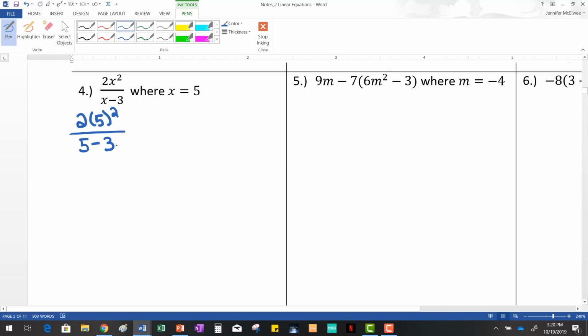When I work with fractions, I like to simplify the numerator and the denominator separately. That helps me keep track of what's going on. So let's take a look at that numerator first. I see multiplication. I also see an exponent, so I know I'm going to figure out what 5 squared is first. That would be 25.